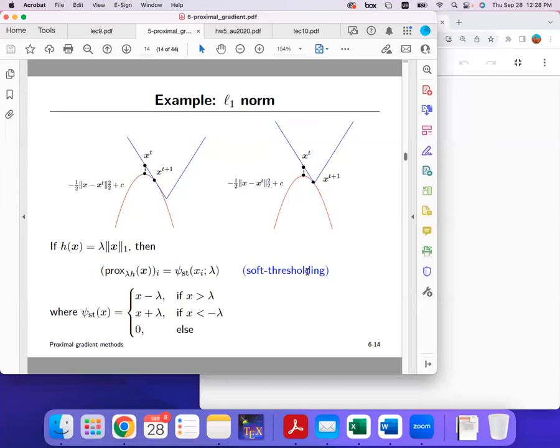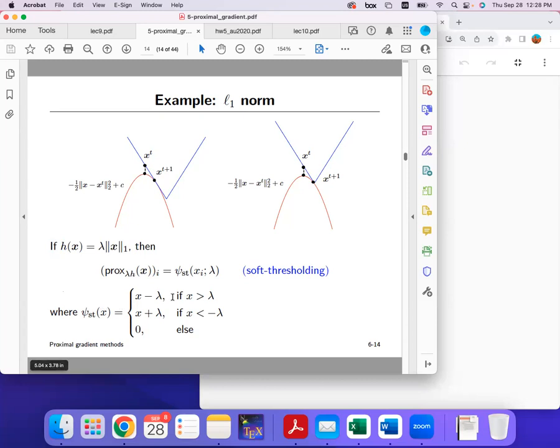And then we checked the proximal mapping of the L1 norm, which promotes sparsity in the solution. So if h is lambda times the L1 norm, then the proximal mapping is the so-called soft thresholding operator.